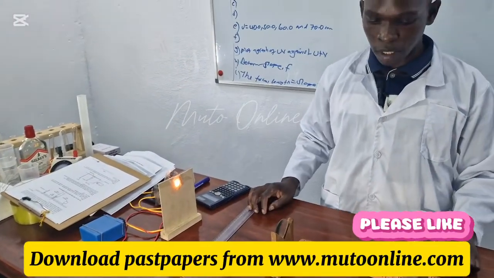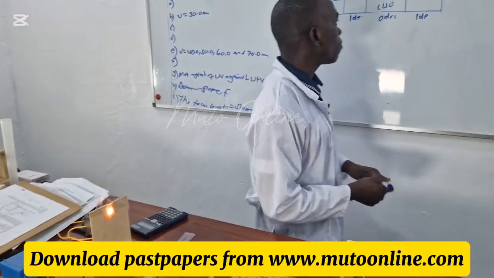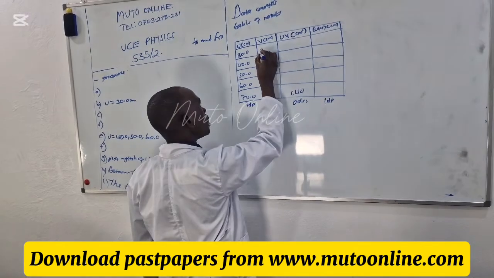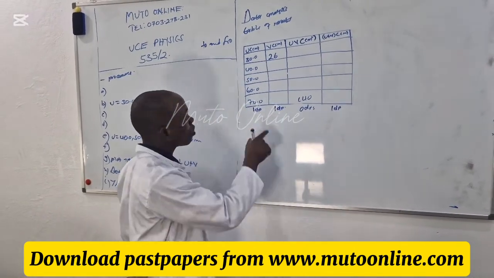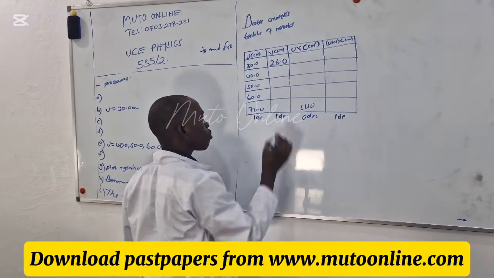Now, this is the image distance v, and I record it in my table. Since I have measured using a meter rule, I record it to one decimal place in centimeters, so 26.0.